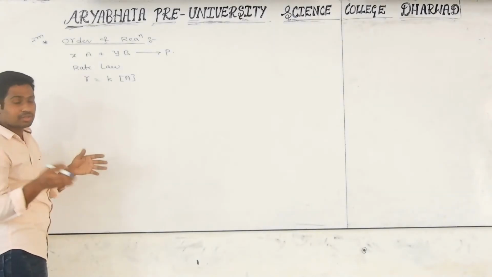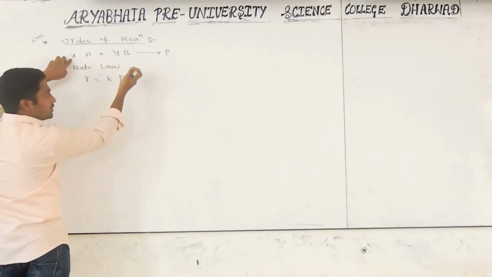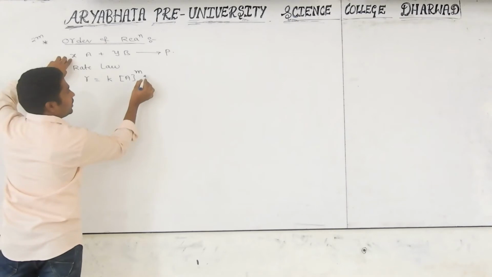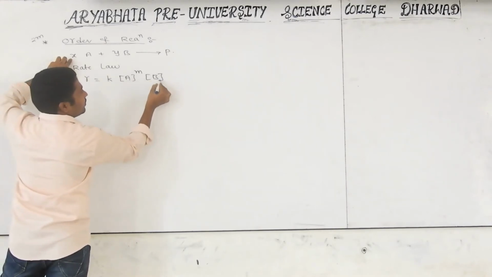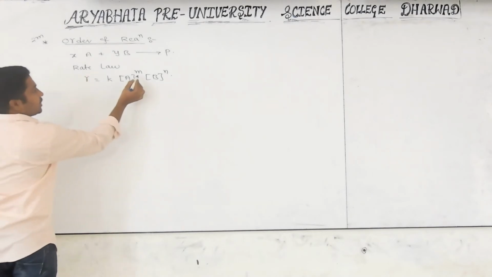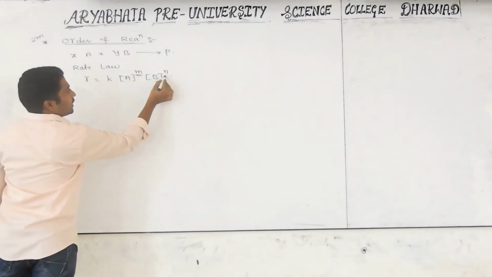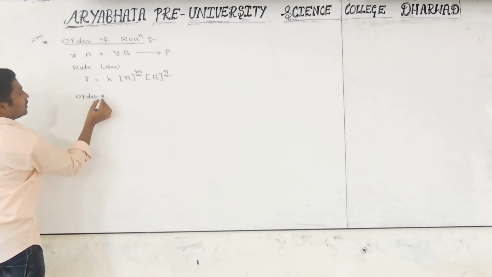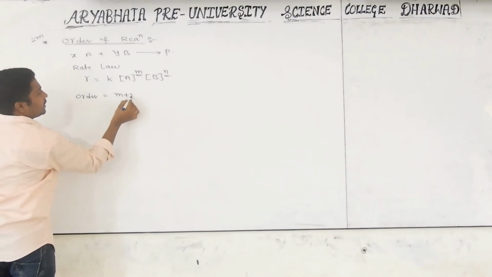That's why the powers are different, so we write one common power M for A and concentration of B power N. In the rate law, the sum of the powers of the reactants is what we call the order. Order of reaction is M plus N.